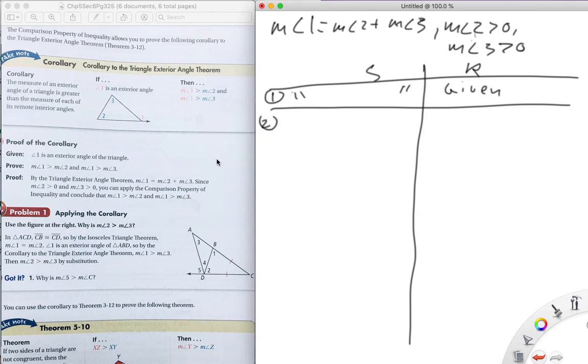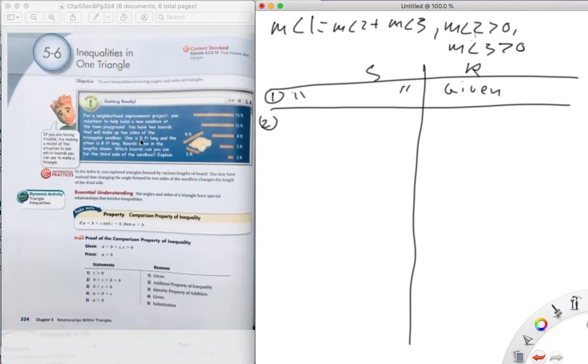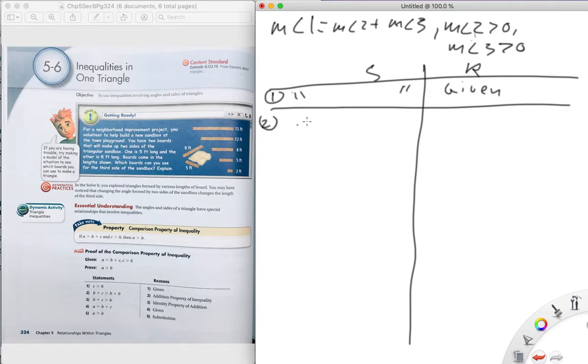Next step, just like the comparison property of inequality from the previous section, since that's my given, I can say that the measure of angle 2 plus the measure of angle 3 is greater than 0 plus the measure of angle 3.